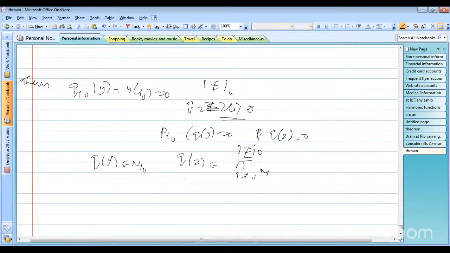That's why, since we are taking y plus z is equal to q inverse of x, therefore x is equal to q of y plus q of z, which belongs to Ni naught plus the intersection of Ni over i not equal to i naught.